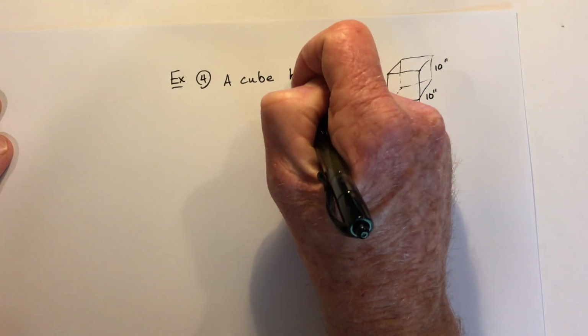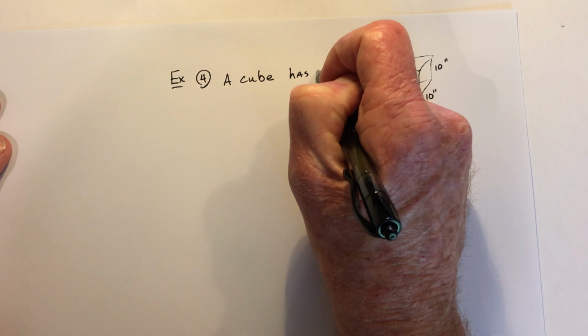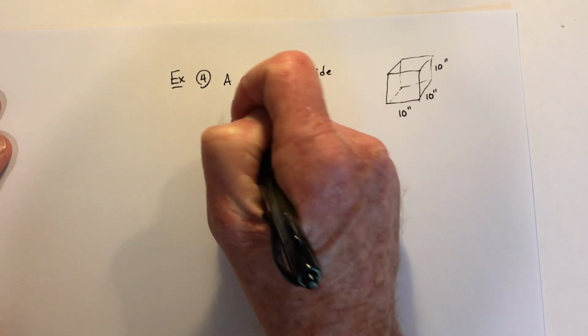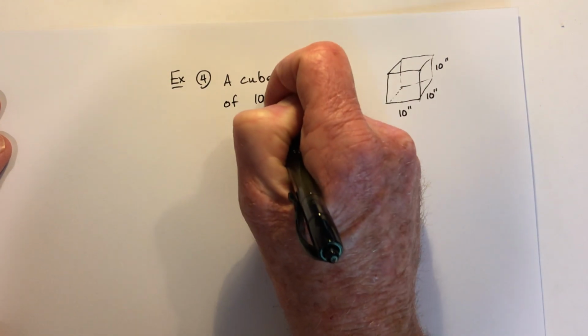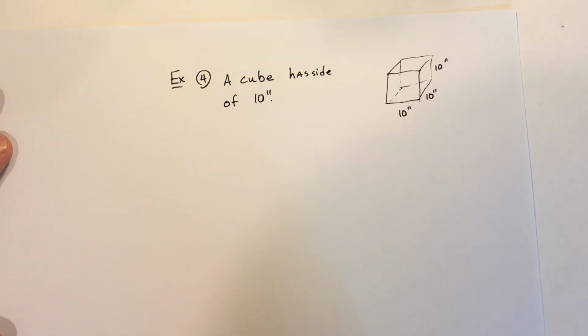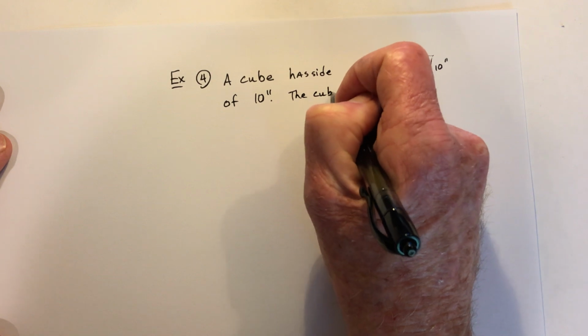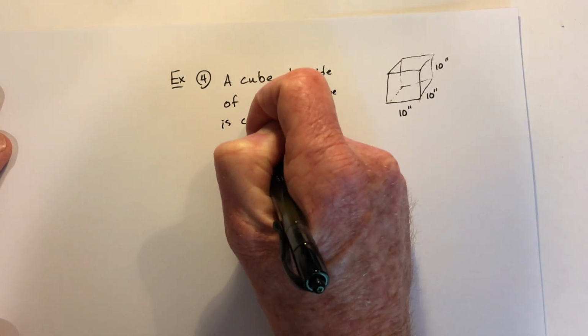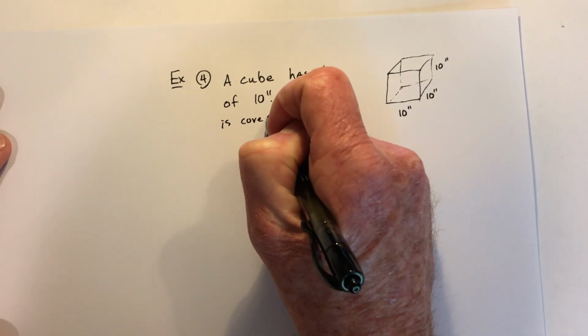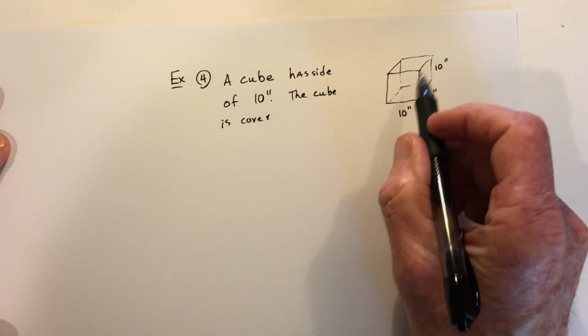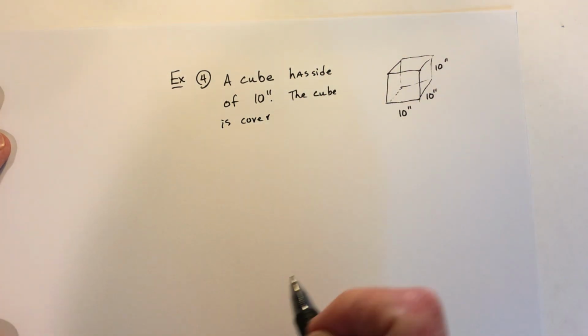So a cube has sides of 10 inches. So all of the sides are 10 inches. The cube then is covered in plastic. So maybe this is a box and they're going to wrap it up in plastic so it doesn't get damaged during shipping.